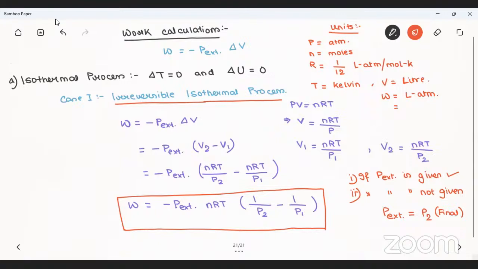So whatever you are getting in liter atm, multiply it by 100, you will be getting your answer in joule. Divide this answer by 1000, you will be getting the answer in kilojoule. Is this part clear? What units you will be considering?